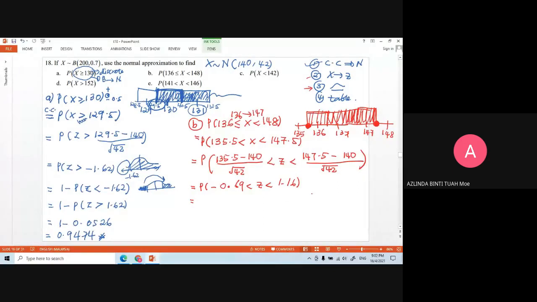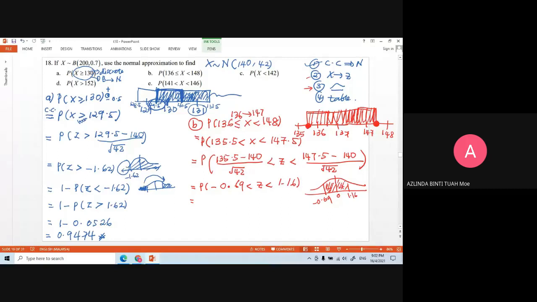Step 3, bell shape. Okay, tindakan yang kita akan buat selepas buat bell shape ada dua perkara sahaja. Sama ada one minus ataupun we have to reflect the area. Kalau dia involving positive area shaded and negative area pun shaded, so kita akan buat 1 minus. This is 0.69 negative, 1.16 is positive.